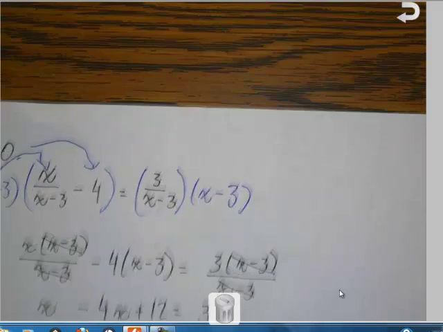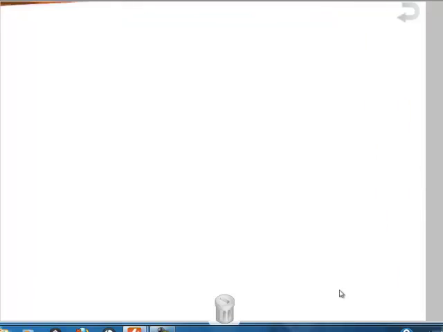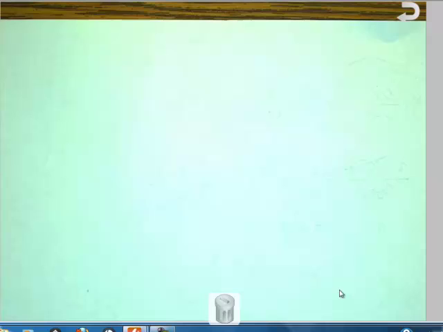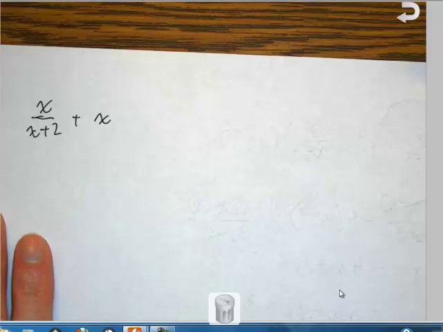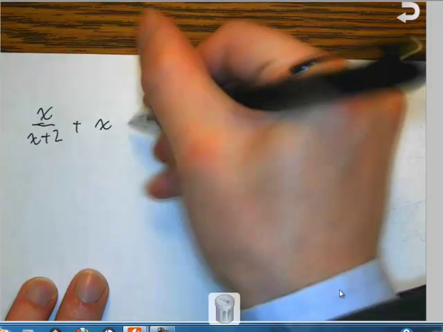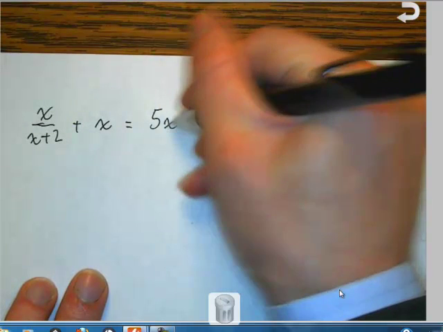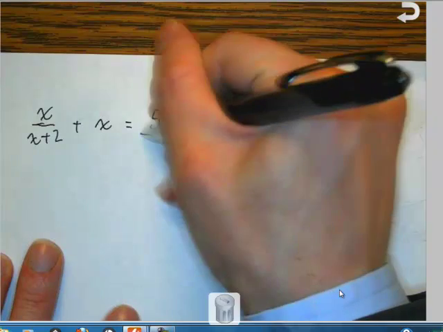Now, let's turn our attention to 21. 21 is a little bit more fun. Not really. In this case, you have x over x plus 2 plus x equals 5x plus 8 over x plus 2.